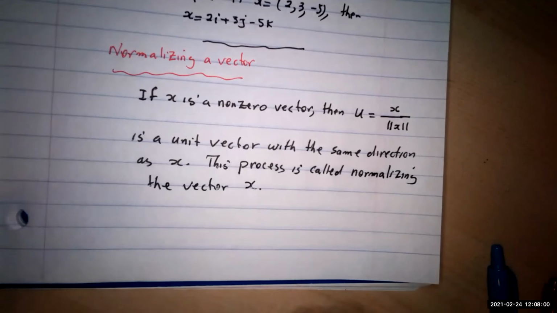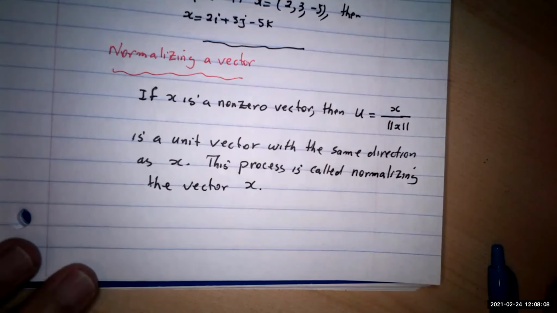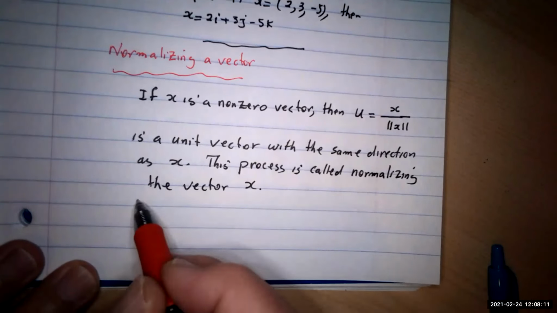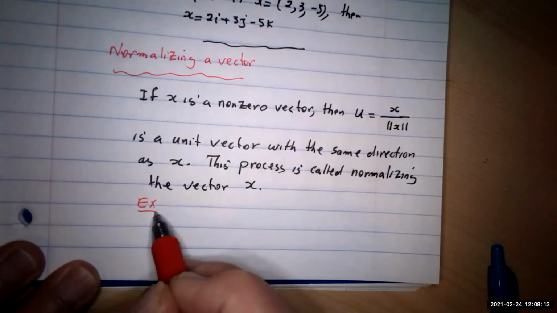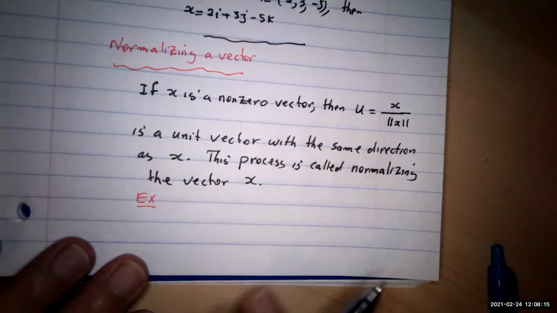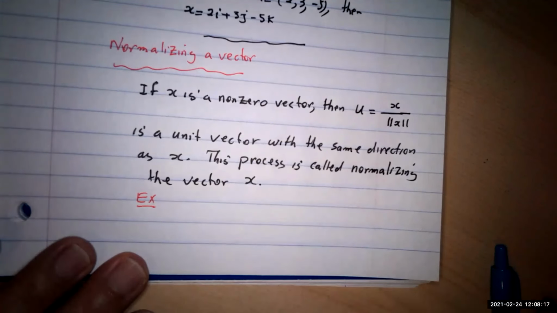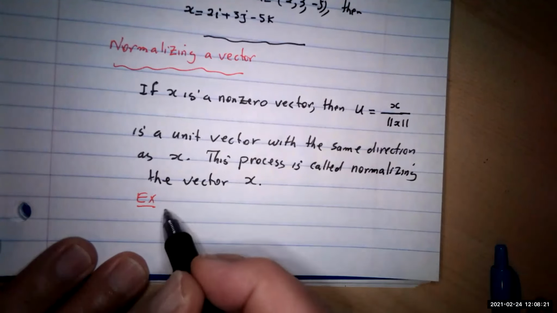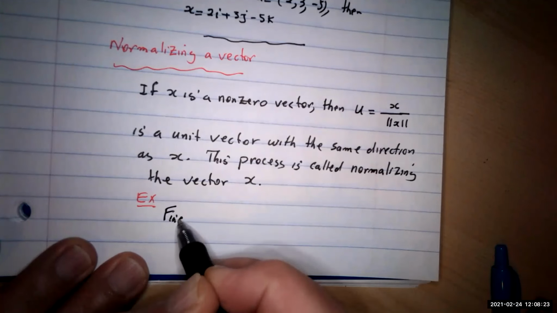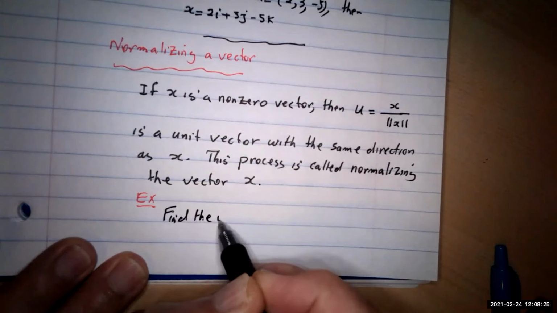So it's not a big deal. If the vector is not a unit vector, we can quickly change it into the unit vector. We do it from time to time, and this is an example. The example is: you want to find the unit vector.